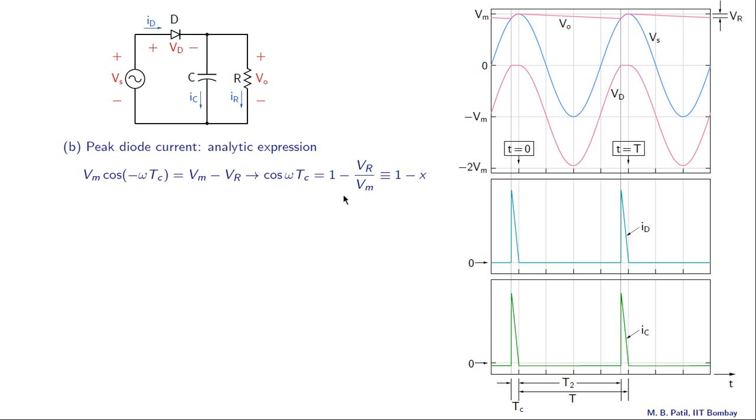And earlier we calculated omega Tc using a calculator, got a numerical value for omega Tc, and then proceeded. Now we want to do the same thing analytically. So let's write Vr by Vm as x. What is x in this case? Vr is 2 volts, Vm is 16 volts, so x is 2 by 16 or 1 by 8. So x is small compared to 1, and we will use that.